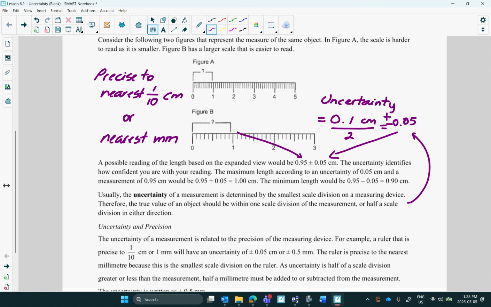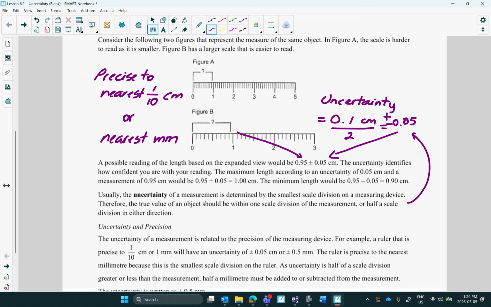That means that we're saying we think it's 0.95, but it could be as high as 1, because if I add 0.05, right? It could be as low as 0.9 if I take away 0.05. So I'm giving myself a range for my measurement.